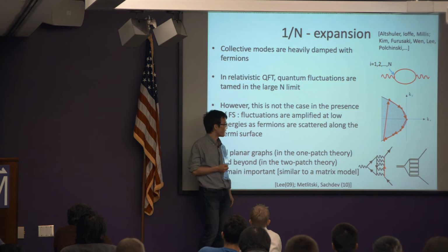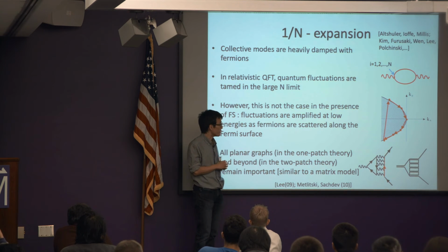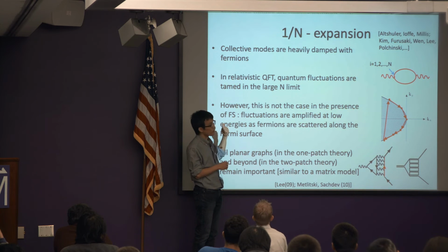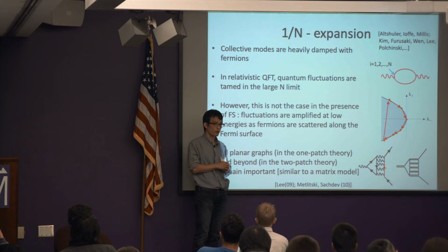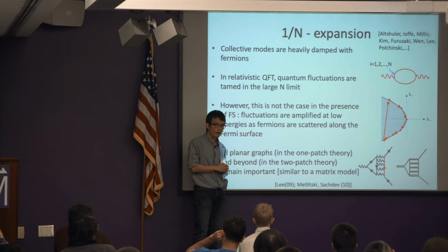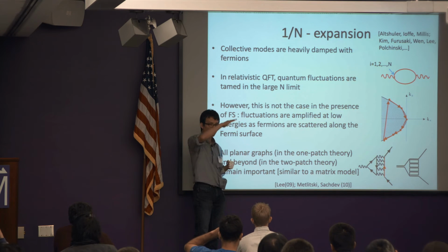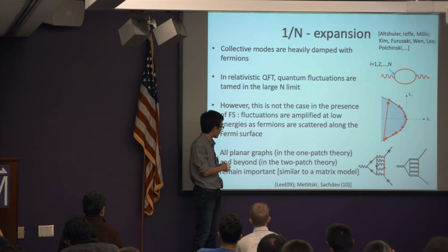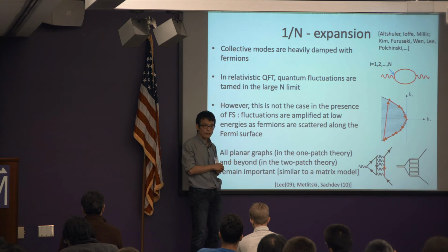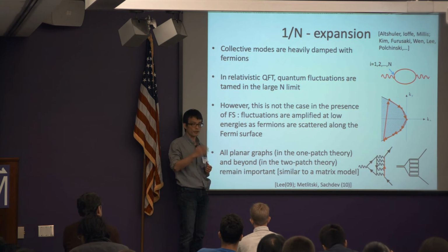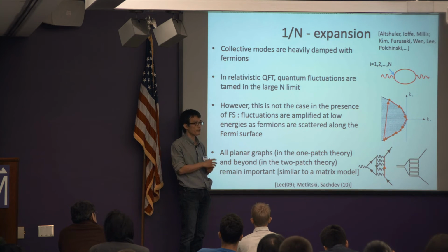Okay? And here I'm not explaining any detail, but it turns out that the theory with a vector N flavor behaves more like a matrix model that we just heard in the previous talk. So in the large N limit, if you have just one patch, then it turns out that all planar diagrams that you have to sum over in, say, large N Yang-Mills theory that we heard before are important to the leading order in 1/N.